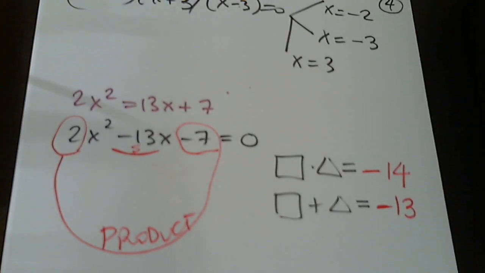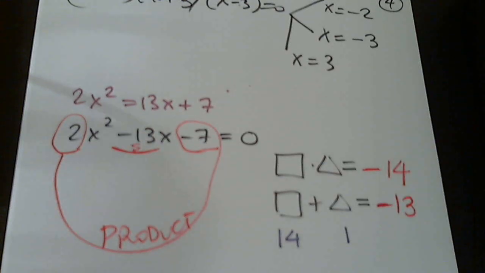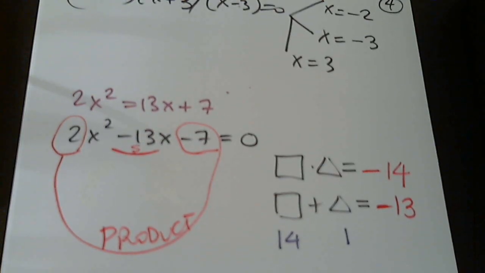So can anyone give us now two numbers whose product is negative 14 and whose sum is negative 13? 14 and 1. 14 plus 1 is not negative 13. No, negative 14 plus 1.